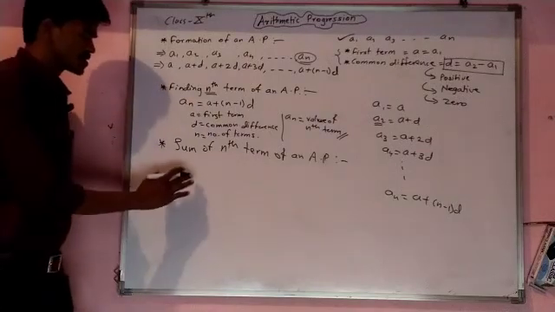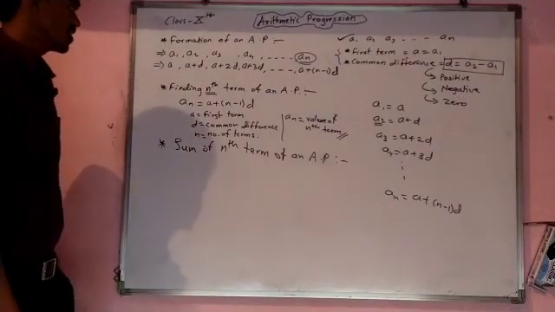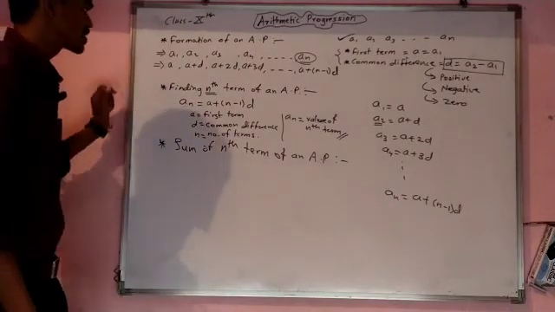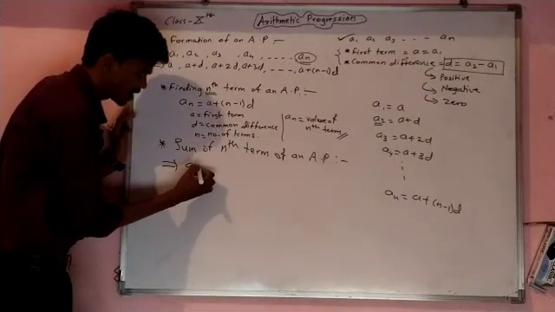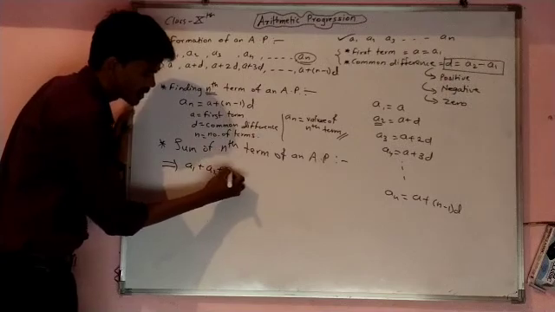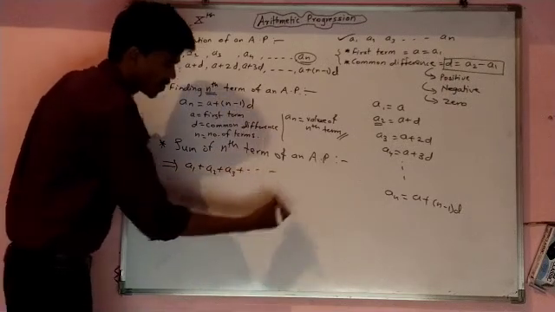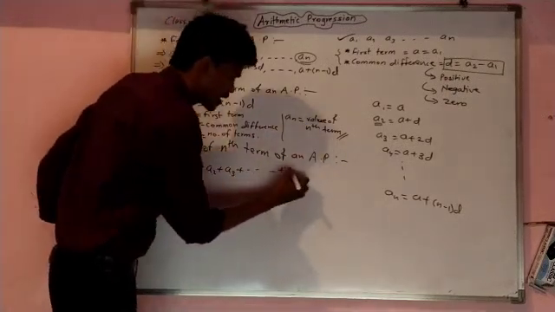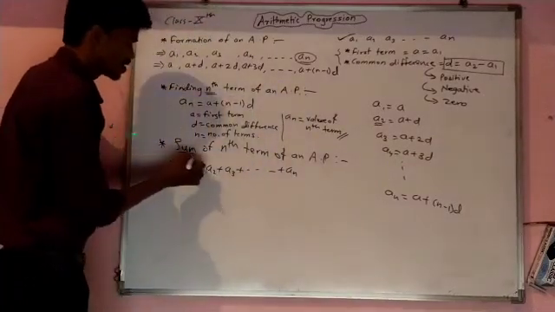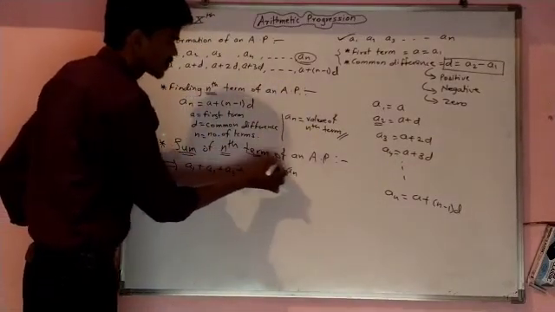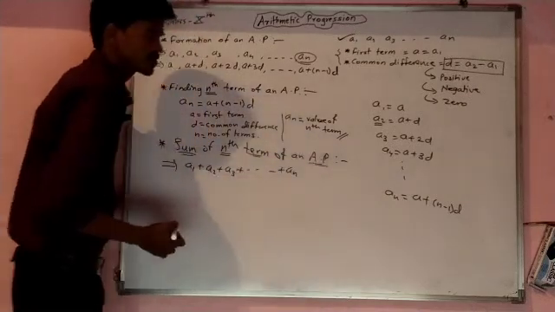Now the sum of n terms. By using this we need to find the sum of this arithmetic progression. Sum means we need to add a1 plus a2 plus a3 and so on plus an. We call this the sum of n terms of an arithmetic progression.